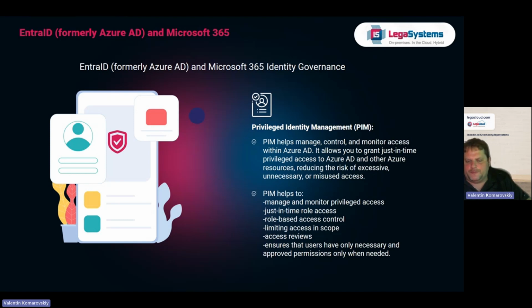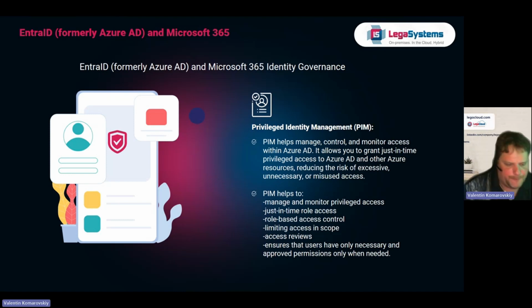And from that point on, they just have it. They don't remember why or how it was assigned or how long it was assigned for or that it has been assigned. So this would be an out-of-band assignment. And if you have enrolled into PIM, you would be alerted on that, right?